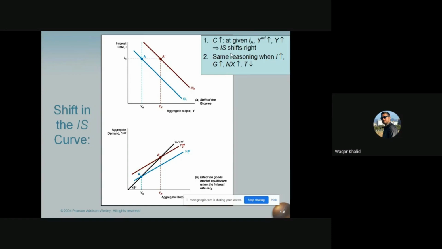Let me discuss the fourth important factor causing a shift in the IS curve, and that is known as changes in taxes. In the first three cases we discussed three factors: number one, changes in autonomous consumer expenditures; changes in investment spending unrelated to the interest rate; and changes in government spending.